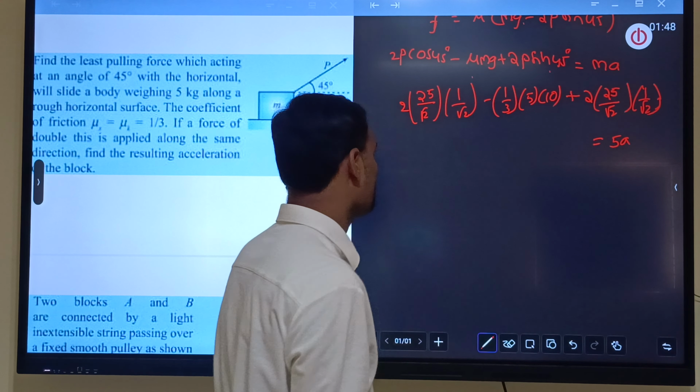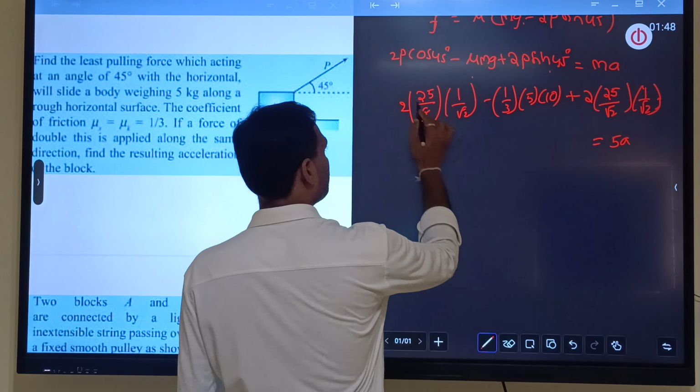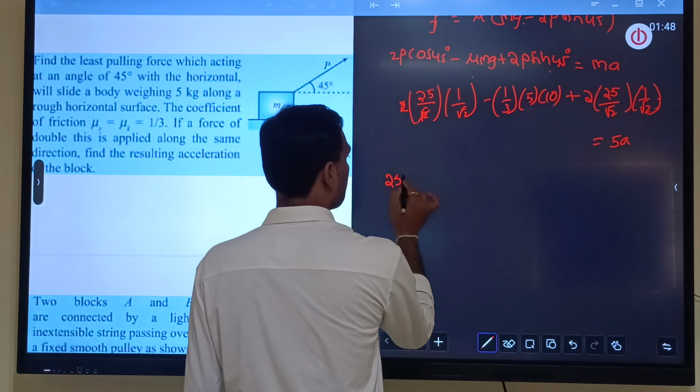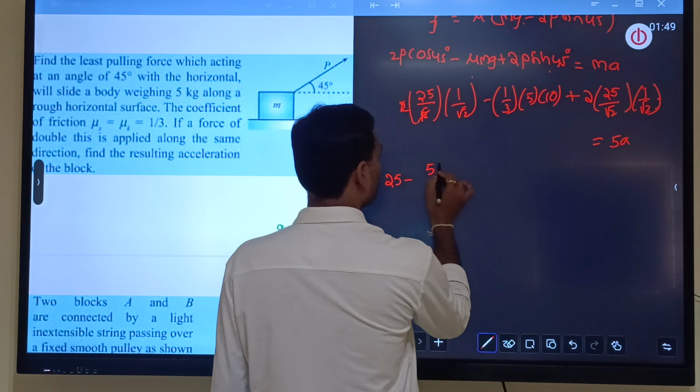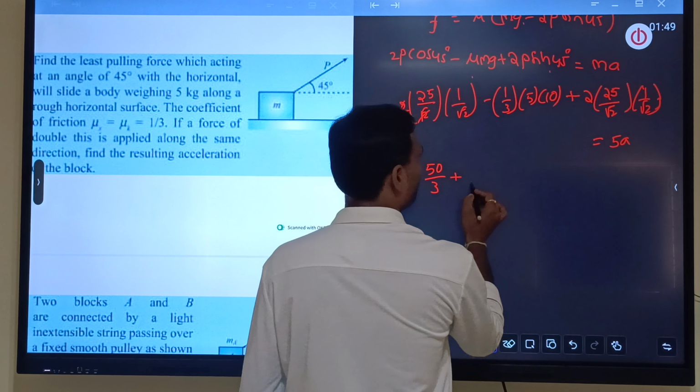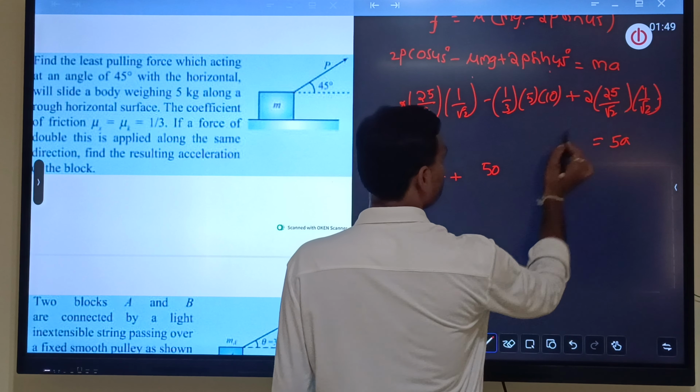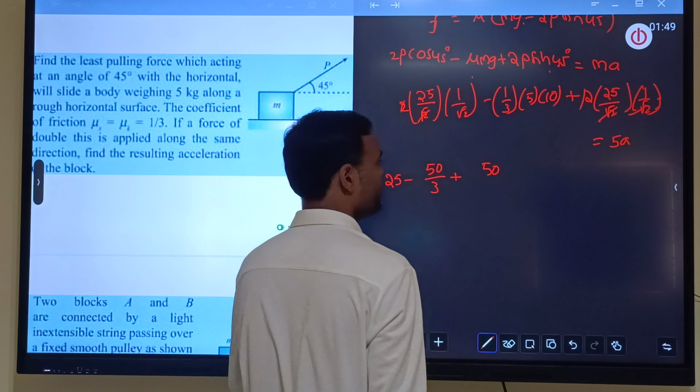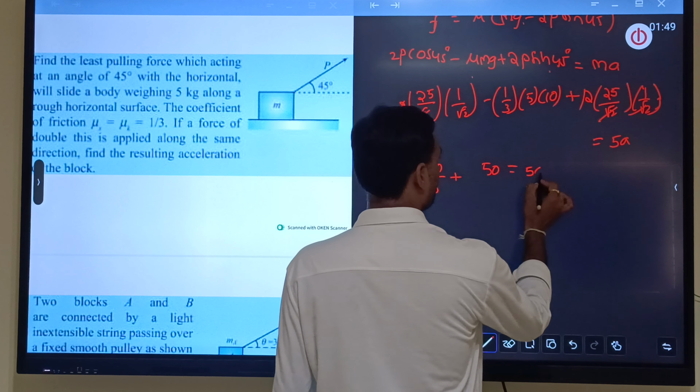This is the acceleration we are going to find, and these two will get cancelled. 25 minus 50 by 3 plus 50, is equal to 5a.